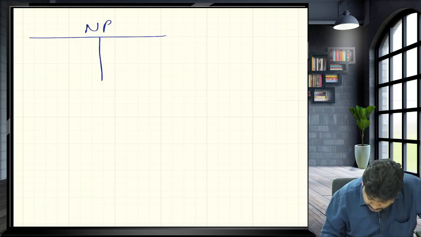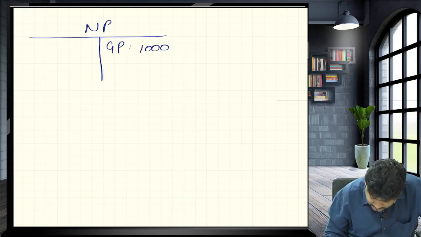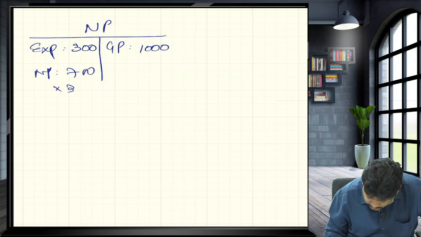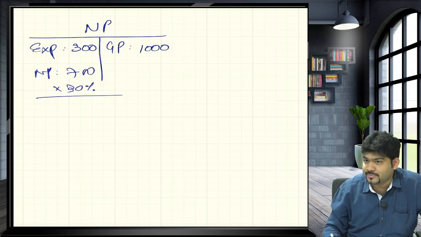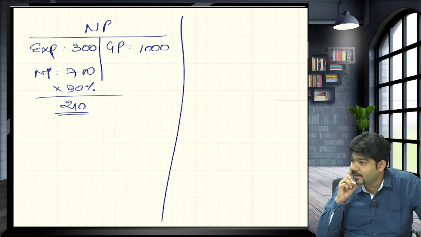Pay attention here. Suppose I am making a gross profit of, say, 1,000 and there is an expense of, say, 300. So net profit is how much? 700 into 30%, let's assume tax rate 30%. So how much will it be? 210 we will have to pay. Correct?